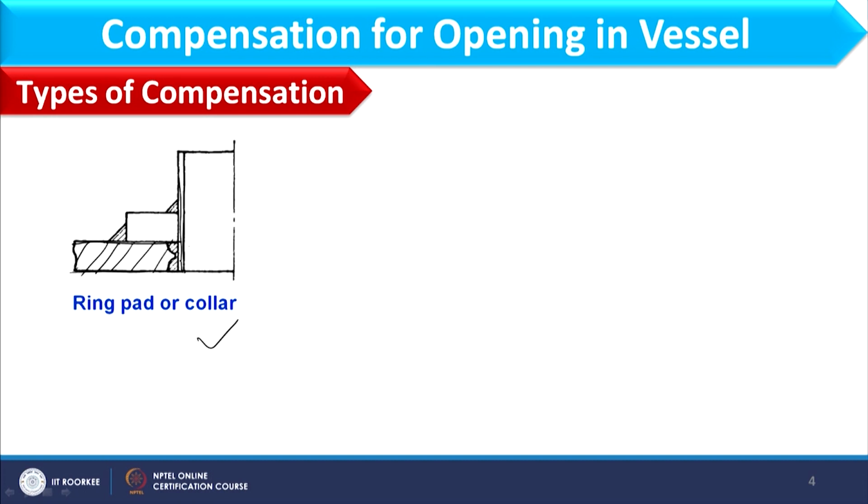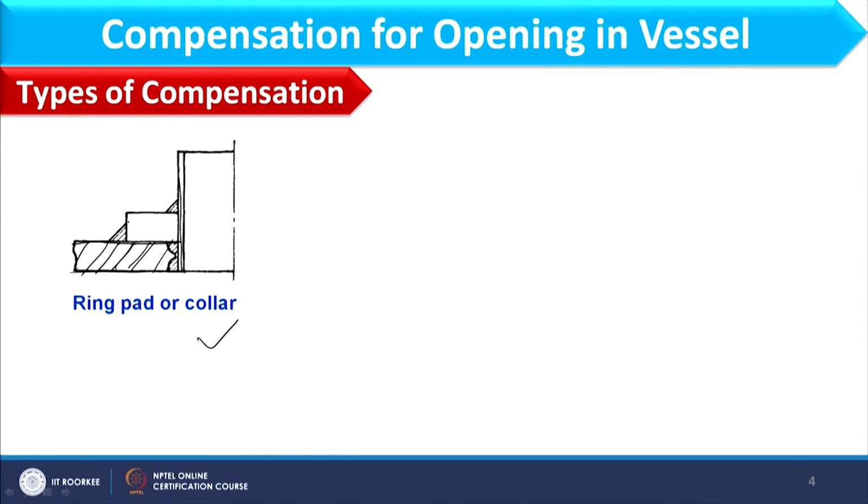You need to keep in mind that whenever I create any opening, it is used to place the nozzle, and that nozzle will be placed inside the opening, not outside the opening. So, the opening area I am considering would be the inside diameter of the nozzle, not the diameter of the opening. I hope you are understanding that.